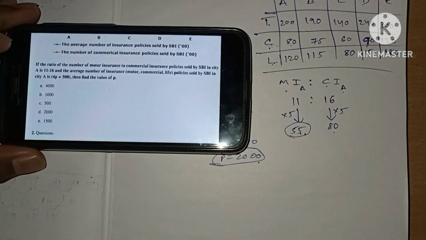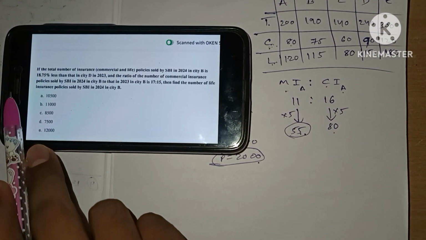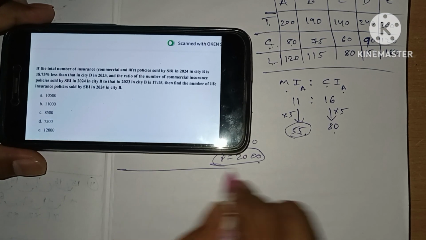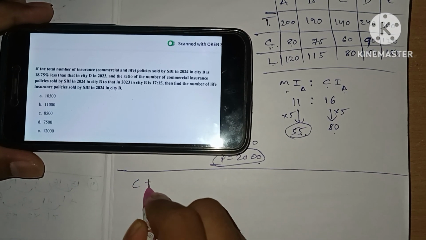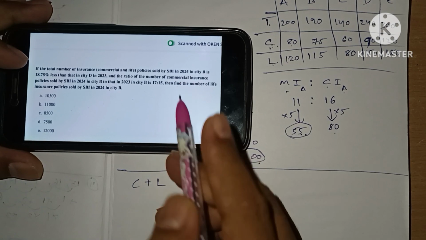Next, second question. If the total number of insurance policies, meaning commercial plus life policies, sold by SBI in 2024.